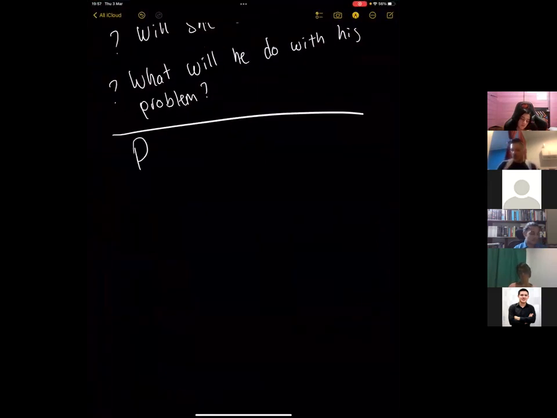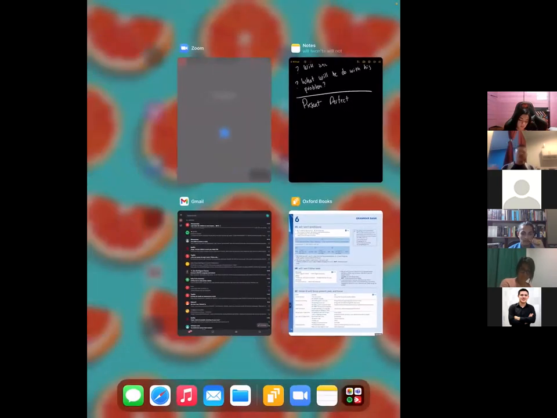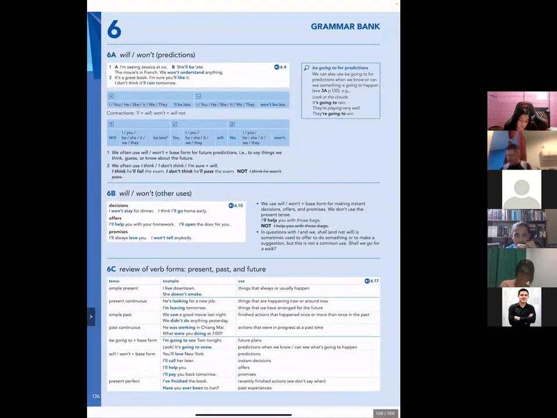Okay, present perfect. Who remembers when to use present perfect? Recently finished action, but not saying when. Yes and no, not specifically. Actually, let's look at the notes that we have here.